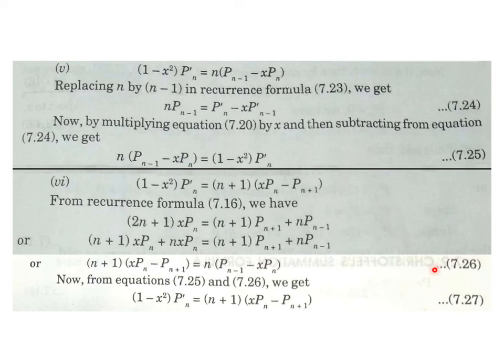We obtain equation 7.26, and then we are mixing two equations, 7.25, the fifth recurrence relation, and the just obtained equation 7.26. How are we mixing? Because you can see that n Pn minus 1 minus xPn is very much there. So we are substituting the value of that as 1 minus x square into Pn dash, and we obtain equation number 7.27 as the sixth recurrence relation.